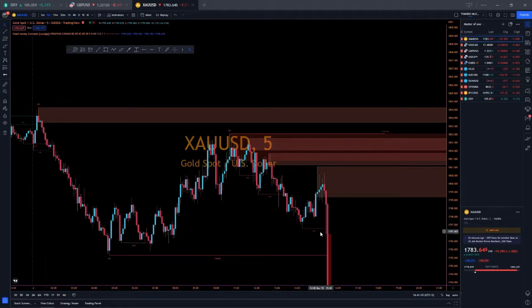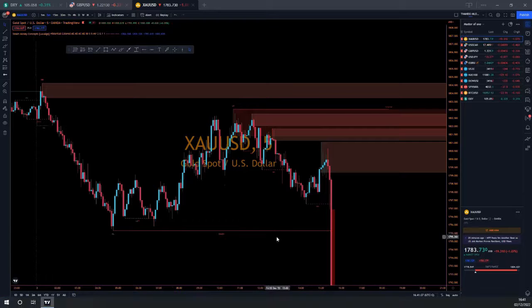We have a break of structure, that one was that candle. After the break of structure, we're supposed to return back to this place here, so we're supposed to look for short positions somewhere here after seeing this long wick.